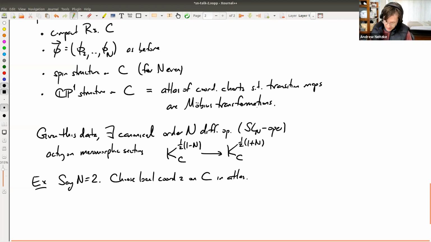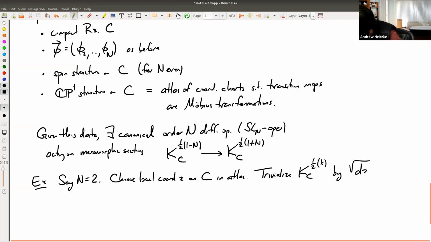Now I'm going to trivialize my bundle, K_C to the k/2, by square root of dz to the k. I make one choice of square root of dz, and then I use that to trivialize all these bundles. And also write my quadratic differential phi2 as p2 of z dz squared.